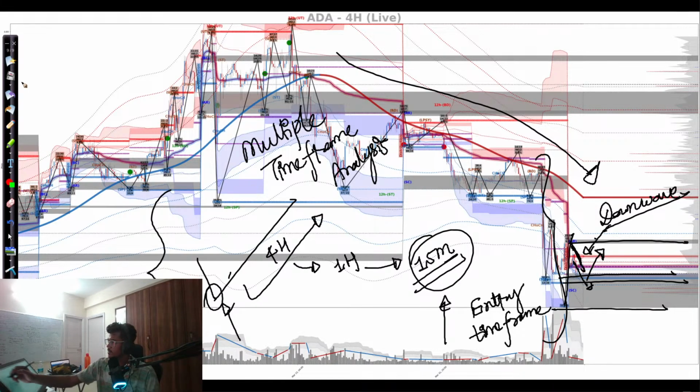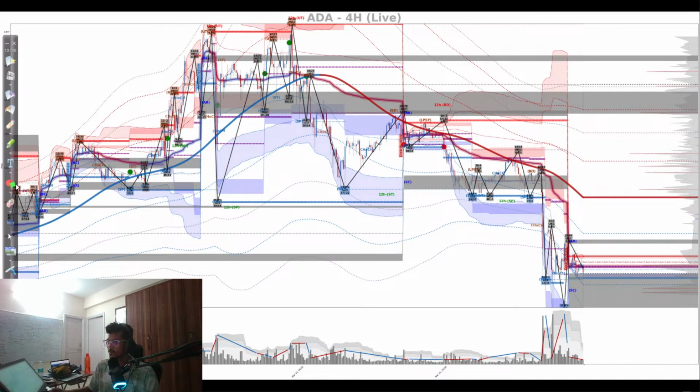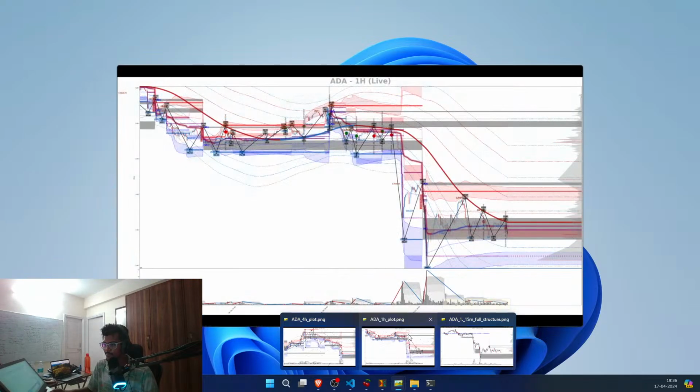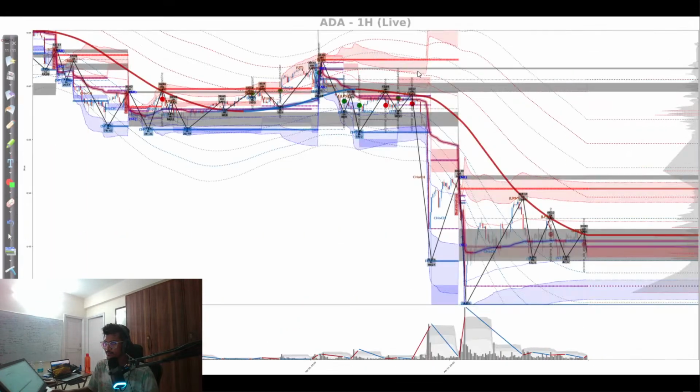All right, let's move on and see the 1-hour chart of ADA. What do we see here? We got a couple of shorts here. On the 4-hour chart, the down wave started there. On the 4-hour, the candles might be big, but they are going like this.